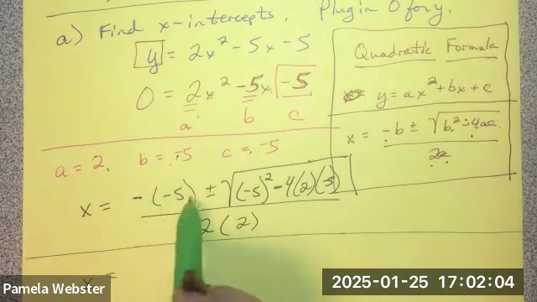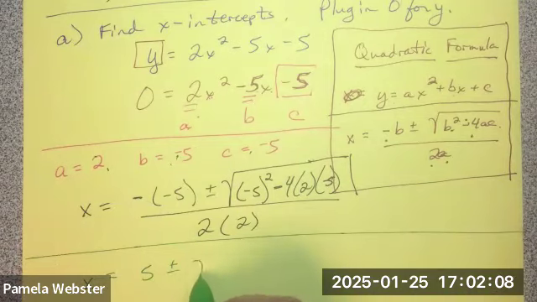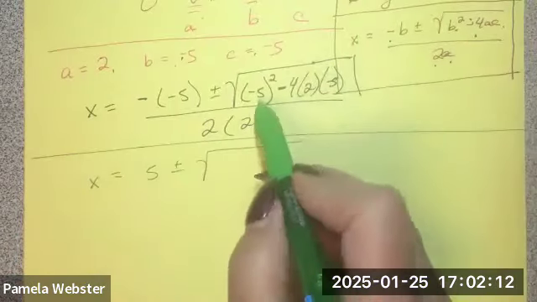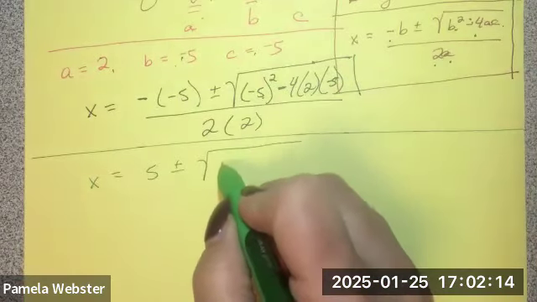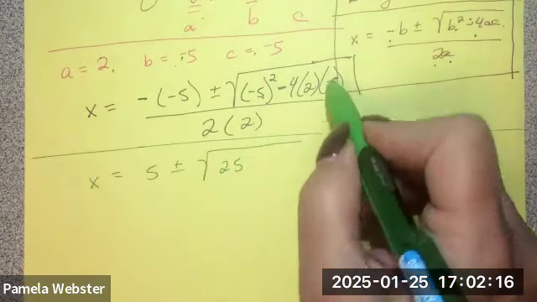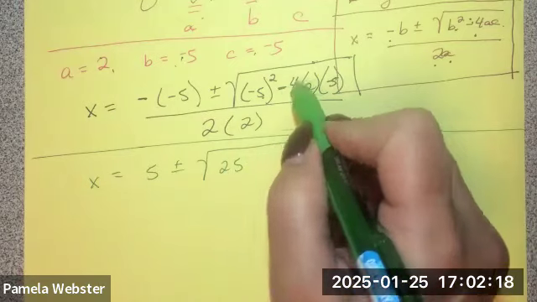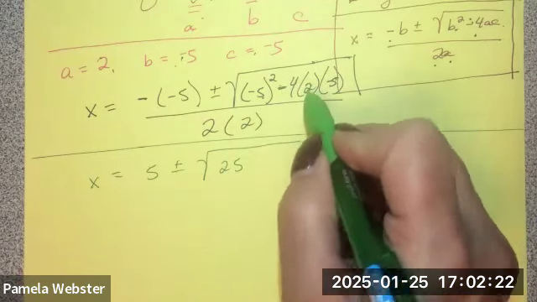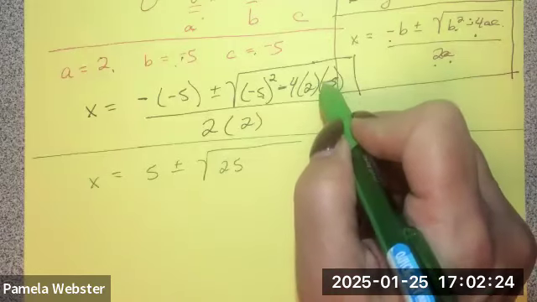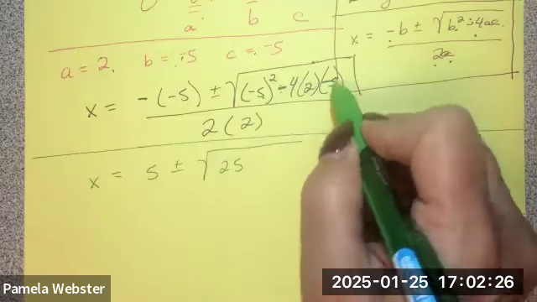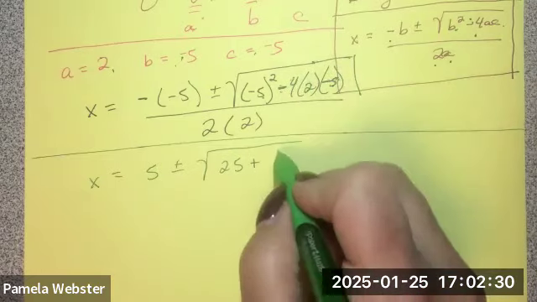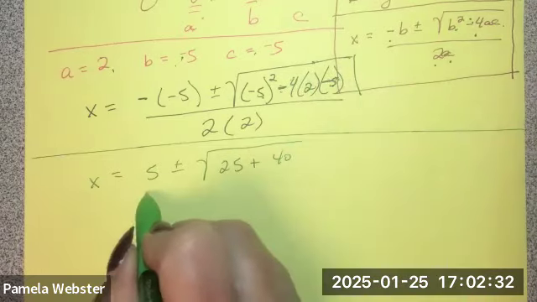So x equals negative times a negative is a positive 5, plus or minus the square root of. I just said -5 times -5 is positive 25. This is a -4 times 2, that's -8. -8 times -5, a negative and a negative is positive, 8 times 5 is 40.